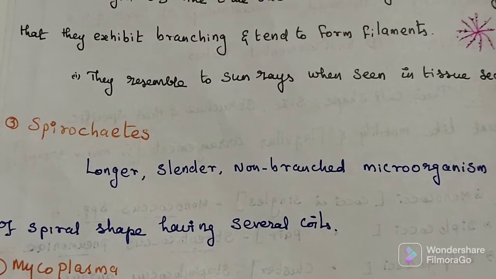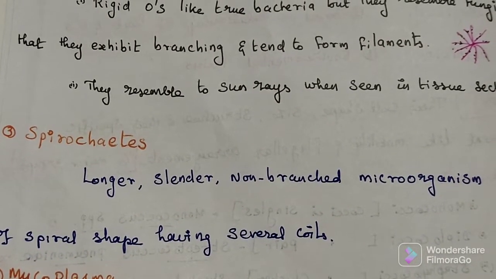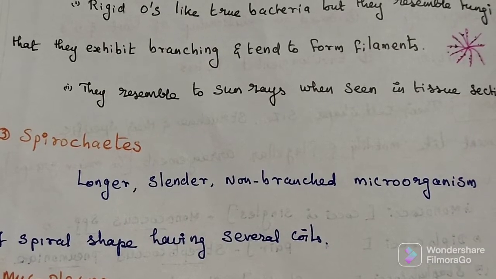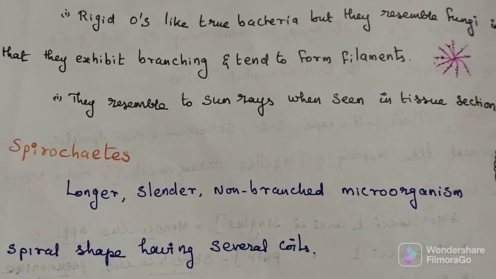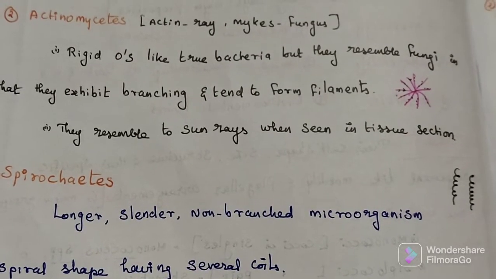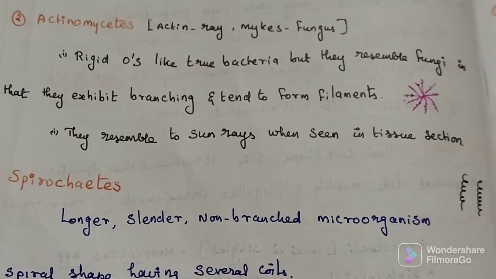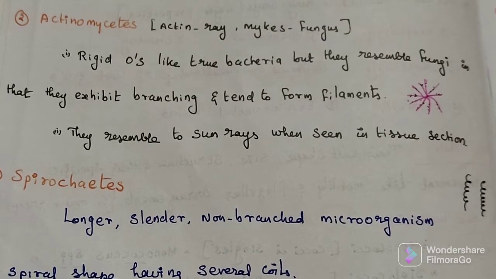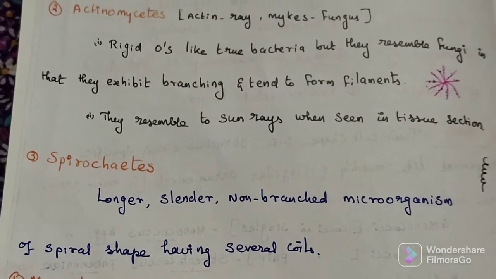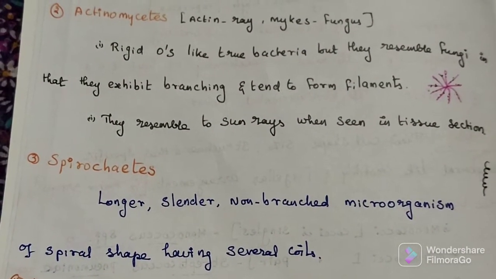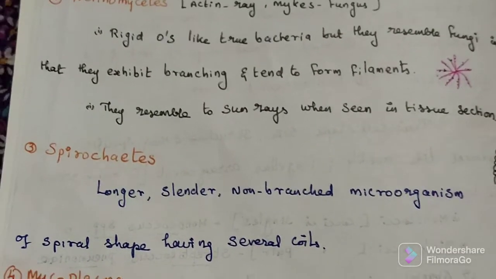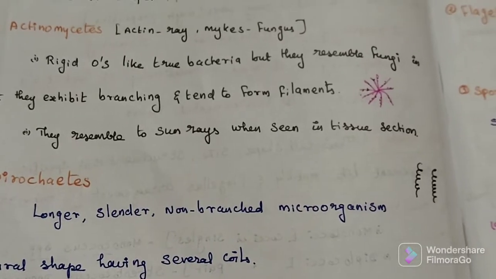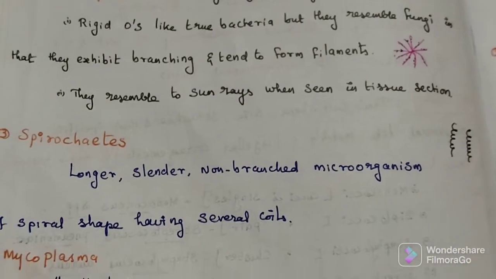Next, Spirochetes. Spirochetes are gram-negative bacteria, most of which have long helically coiled cells. Spirochetes are chemoheterotrophic in nature. They are long, cylindrical, non-branched microorganisms. The spiral shape has several coils.